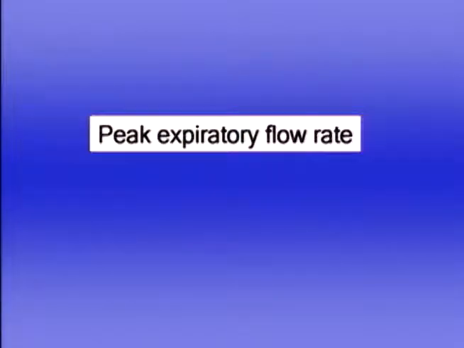Now there's one more measurement that I should mention, and that is the peak expiratory flow rate. This is very easy to do because you can buy a very simple piece of equipment that will allow the patient to measure his peak expiratory flow rate and make a note of it in his diary. It's not a particularly repeatable measurement.